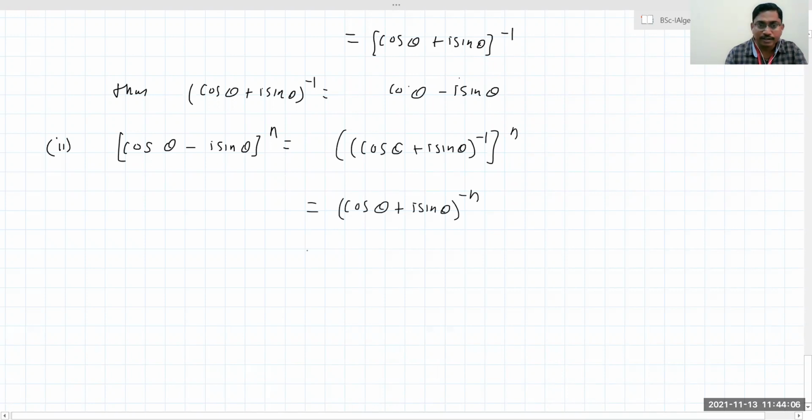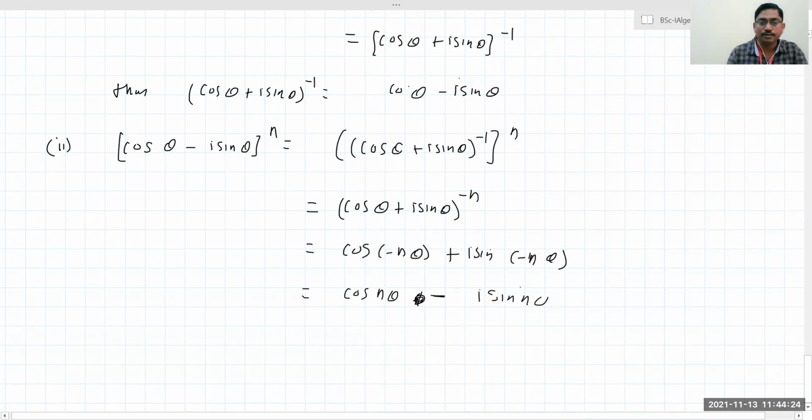And you can write this as cos of minus n theta plus i sin minus n theta. n is a natural number, a positive integer. And then this is equal to cos of n theta, but for sine you get minus sine here. So De Moivre's theorem applies to negative n also. That is the second corollary.